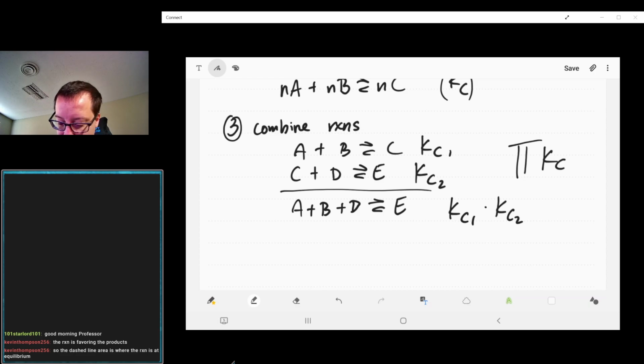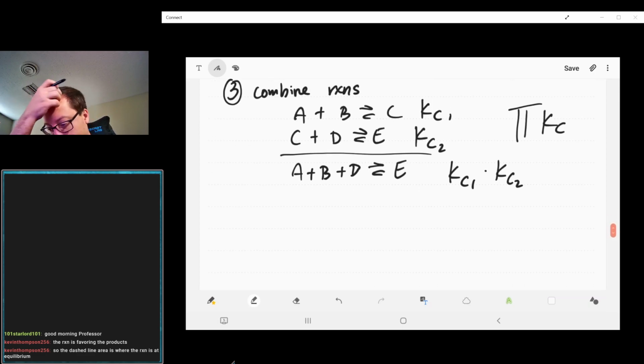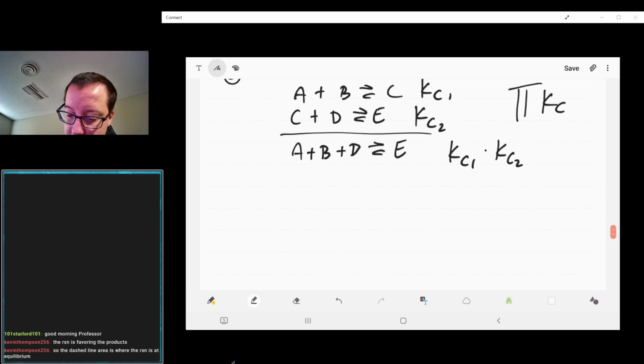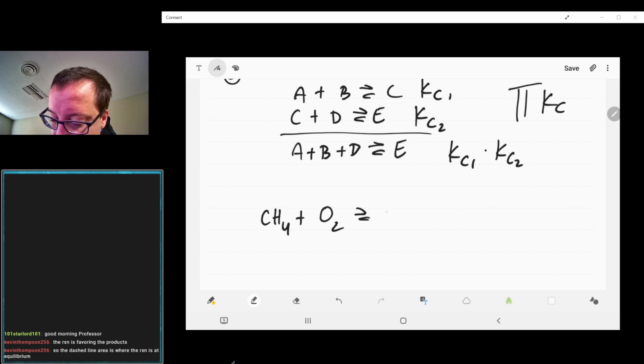So here, let's do one maybe. Let's do a practice with this so we can see how to come up with new equilibrium constants. Let's do CH4 plus O2 turns into CO2 plus H2O.